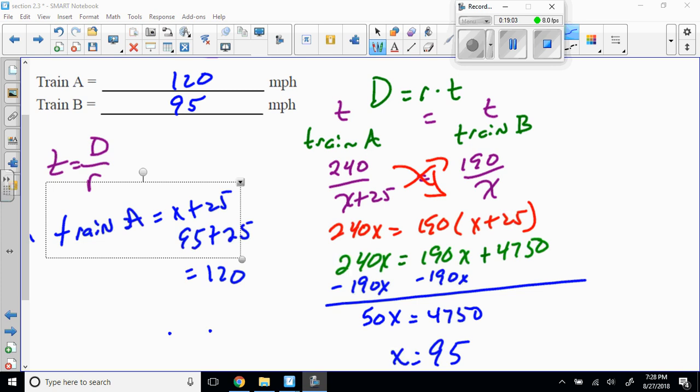Got 2. I figured 2 was the hours. And then 190 divided by 2 was 95. 240 divided by 2 is 120. Coincidence.